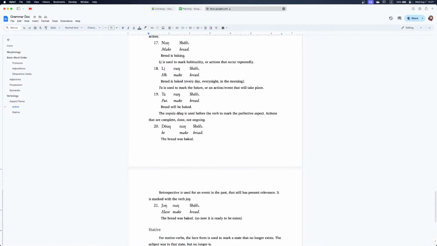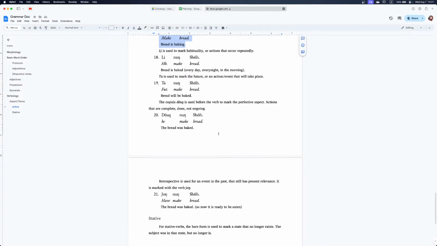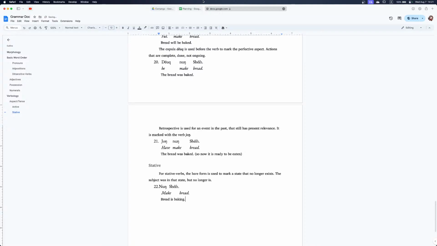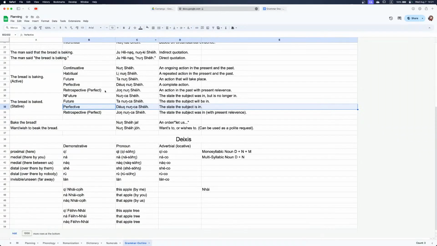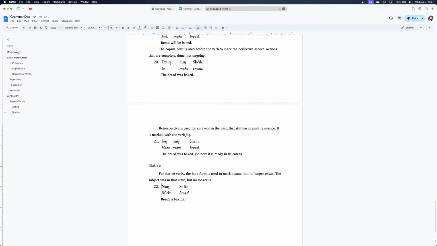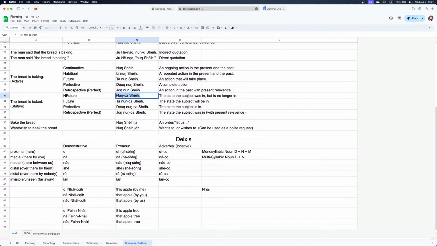So let's copy and paste this example sentence. Nunca she.